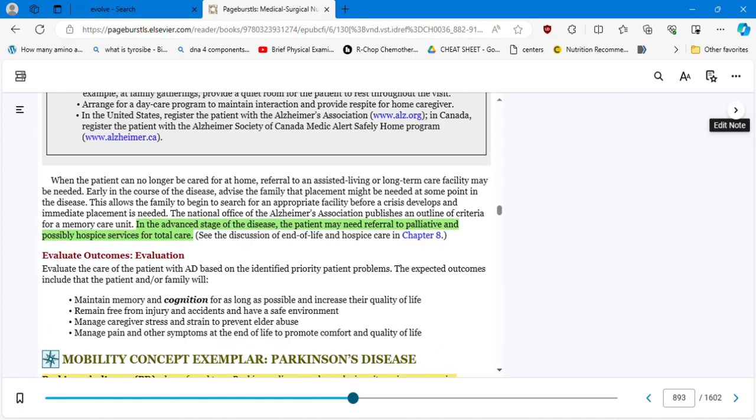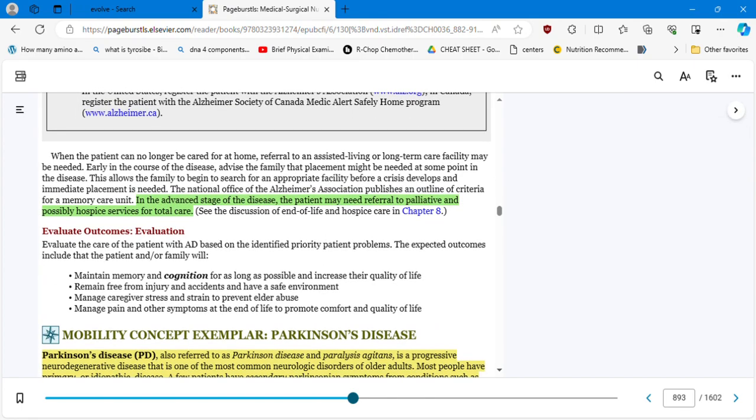I've been working in hospice with this type of patients. So at the end, our evaluation should cover maintaining memory and cognition, remaining free from injury, managing caregiver stress and strain to prevent elder abuse, and managing pain and other symptoms at the end of life to promote comfort and quality of life.